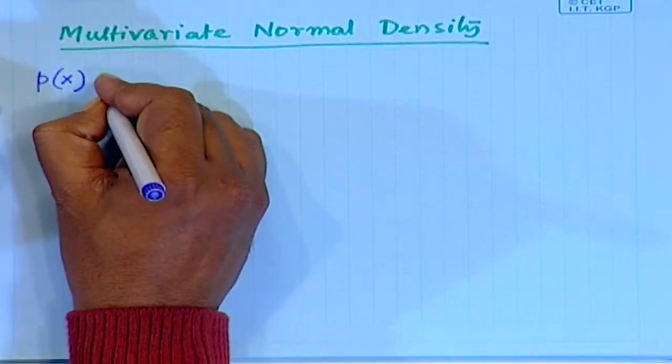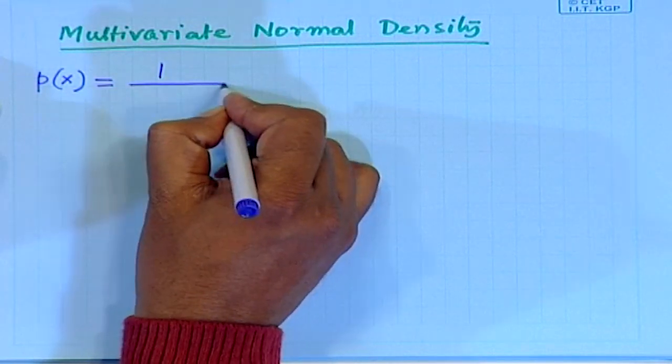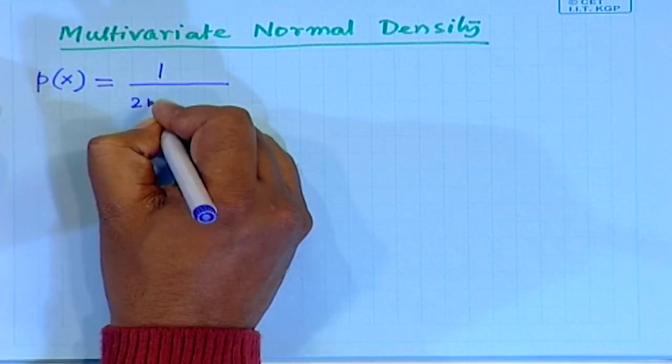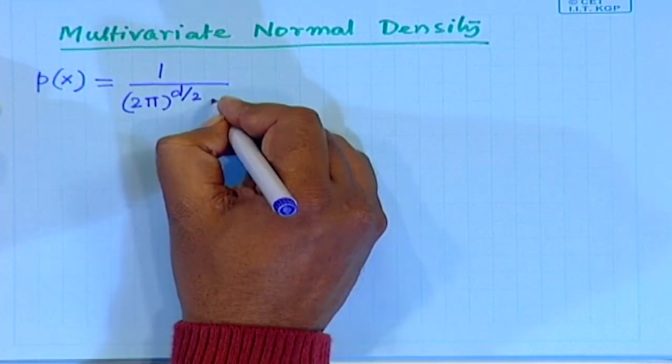So this p of X, in the multivariate case, will be simply given by 1 upon 2 pi to the power d by 2 times the determinant of the covariance matrix to the power half, into the exponential term.